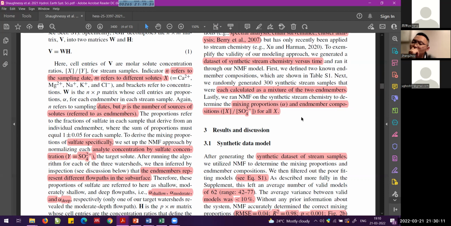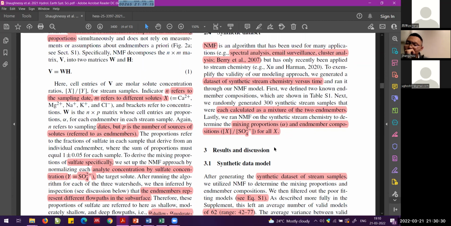This is totally synthetic training data, and from there they finally put in the measured composition and make predictions. But they're just assuming that there are 2 sources and that those are the only 2 things, and they're just trying to partition their observed data into those 2 sources.